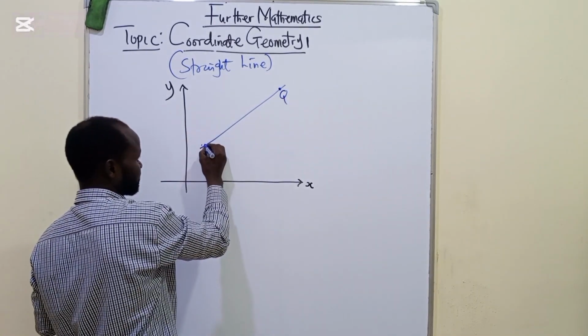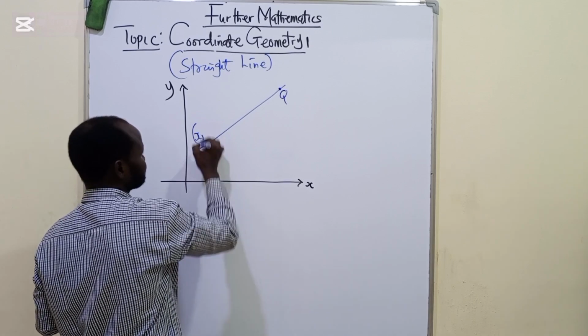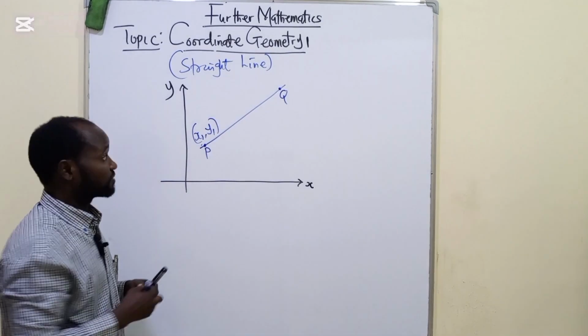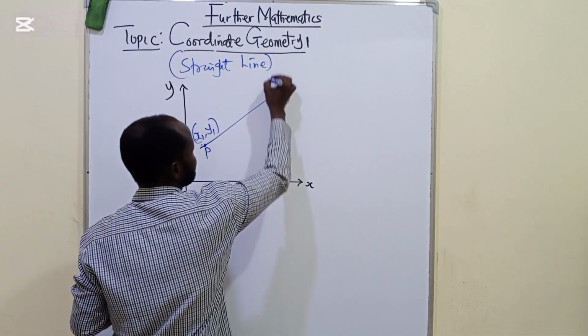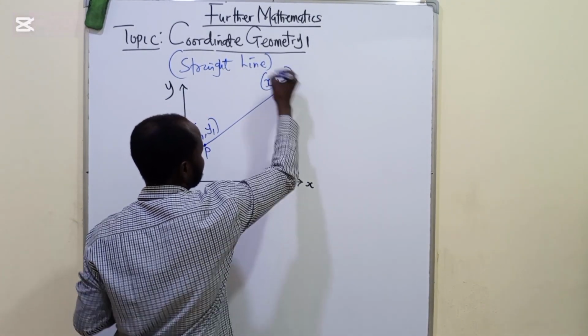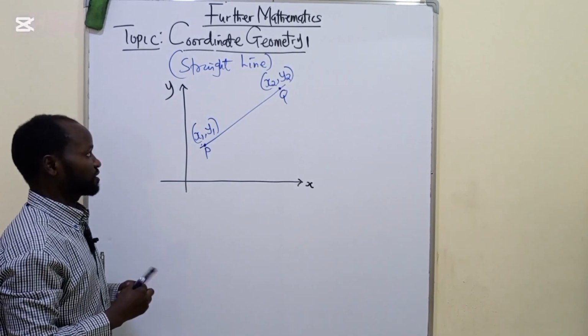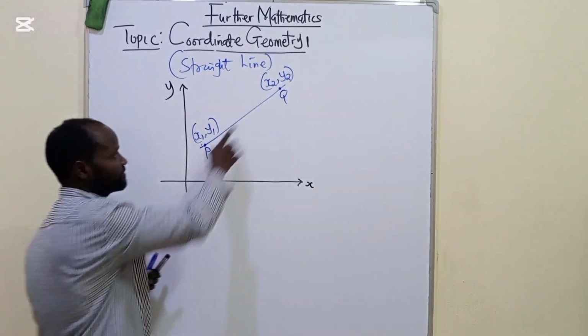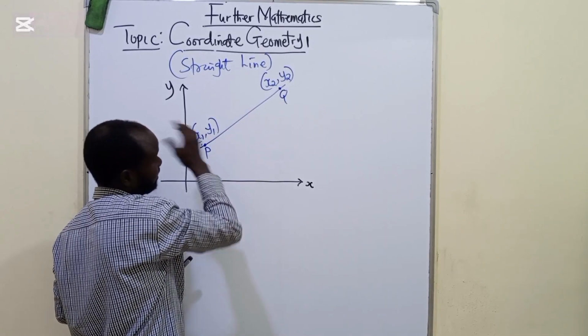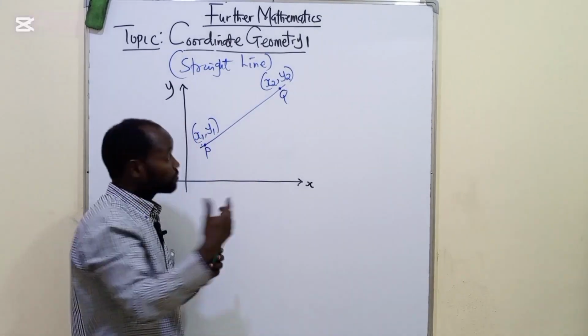Let's say at this P here, we have x1 and y1. That's the x coordinate and the y coordinate. Then at this point here, we'll have x2, y2.